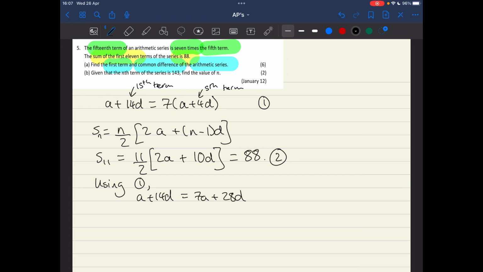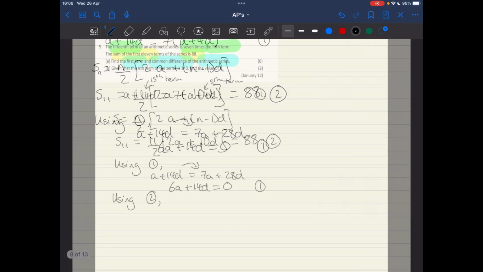If we rearrange this and take everything over here, we get 7a minus a, which is 6a, and then 28 minus 14 is plus 14d, which is equal to 0. So that is our equation number 1.